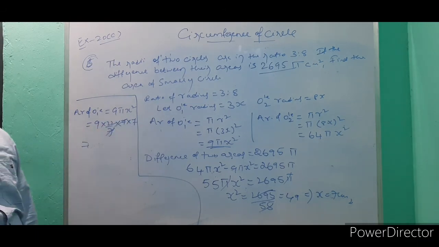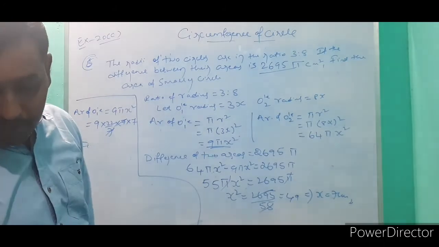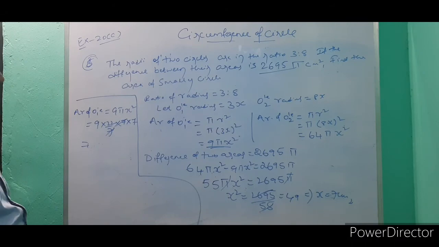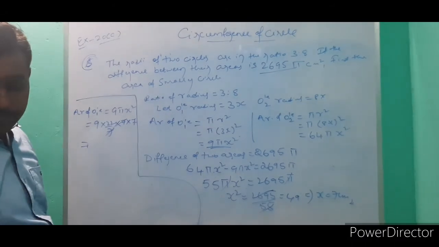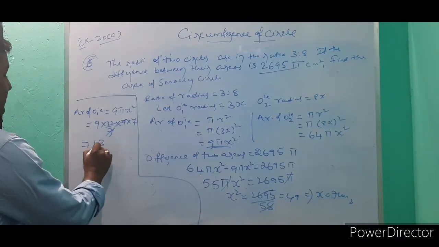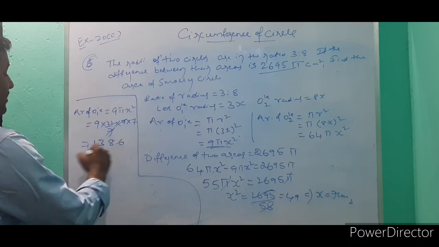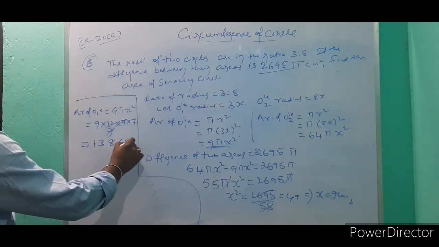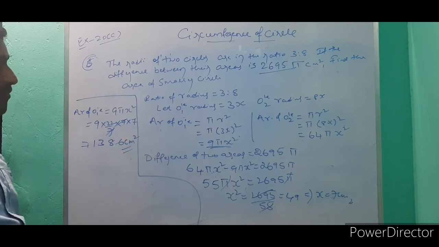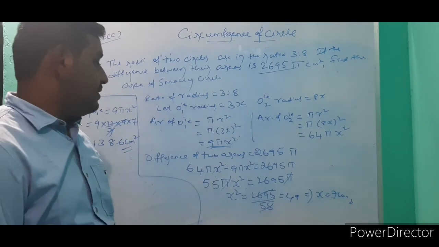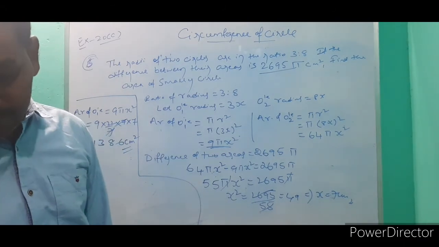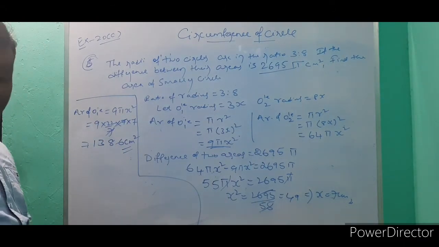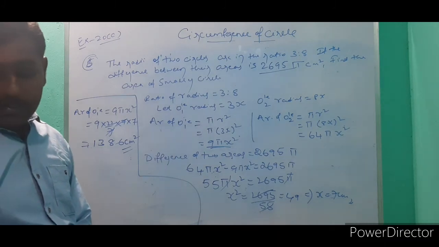So if you multiply all those things, you will get the area in centimeter square. This is the area of the smaller circle. So like this, we are solving the problems.